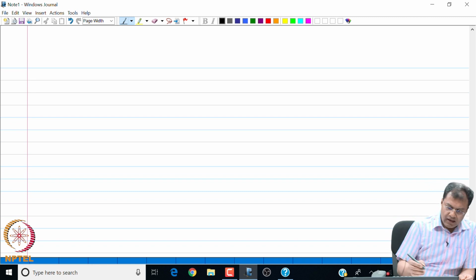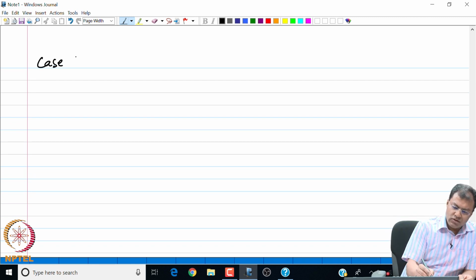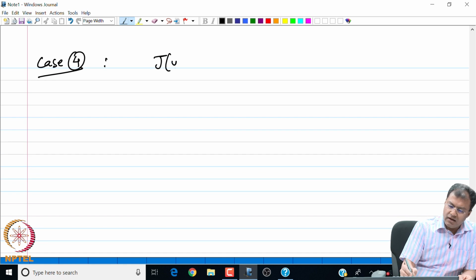Okay. So, finally, let us now look at the fourth case of our special cases of Euler-Lagrange. The fourth case is the case of degenerate solution, right. So, here I have a functional.